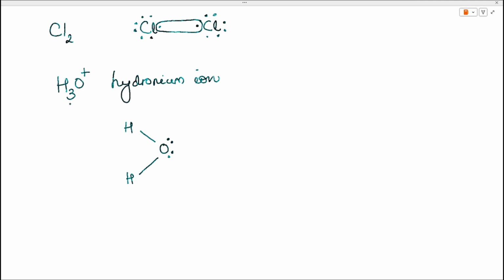But now if we want to do the formation of H3O+, which means we are bringing in an H+ ion, because H3O+ is a combination of H2O and H+, which combine together to form H3O+.